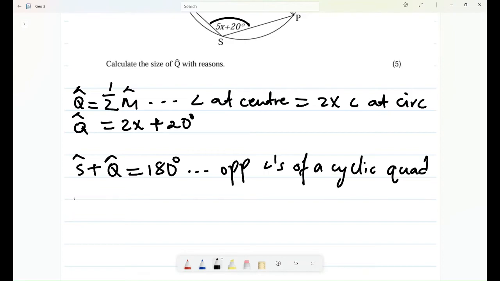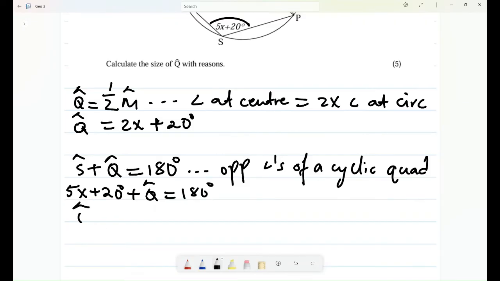Now, what is angle S? Angle S we are given as 5x plus 20 degrees, plus angle Q, is equal to 180 degrees. If you are a beginner, as a grade 11 learner, this will be very helpful for you to just write everything down so that you can see, but you should be faster because there's no time.